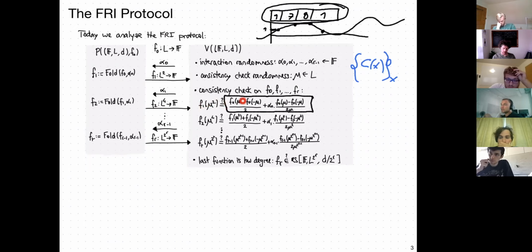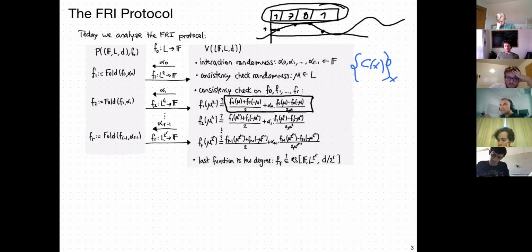This looks like we have a polynomial here and we evaluate it at mu, but in fact we don't. We just make a lookup, and this also explains why mu can only be picked from the domain L. I see. Because I asked this last time.